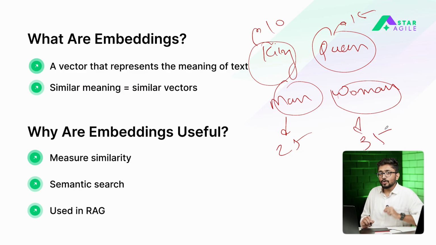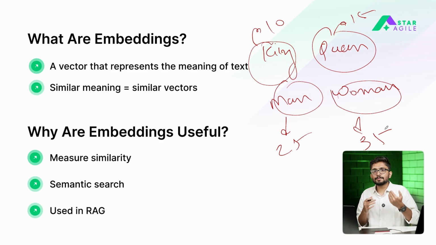But then we also require some understanding of what king stands for, what queen stands for, what man stands for, and what women stands for. As a human being, you know how to use these words in sentences, right? But for a model, it needs to be learned. The model needs to learn when to use man, when to use women, when to use king, and when to use queen.